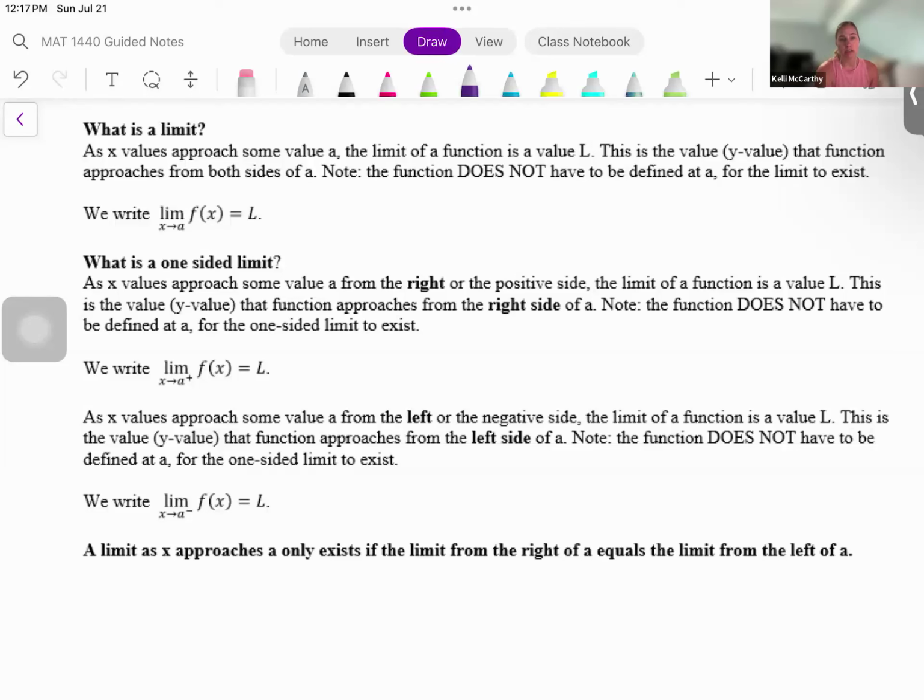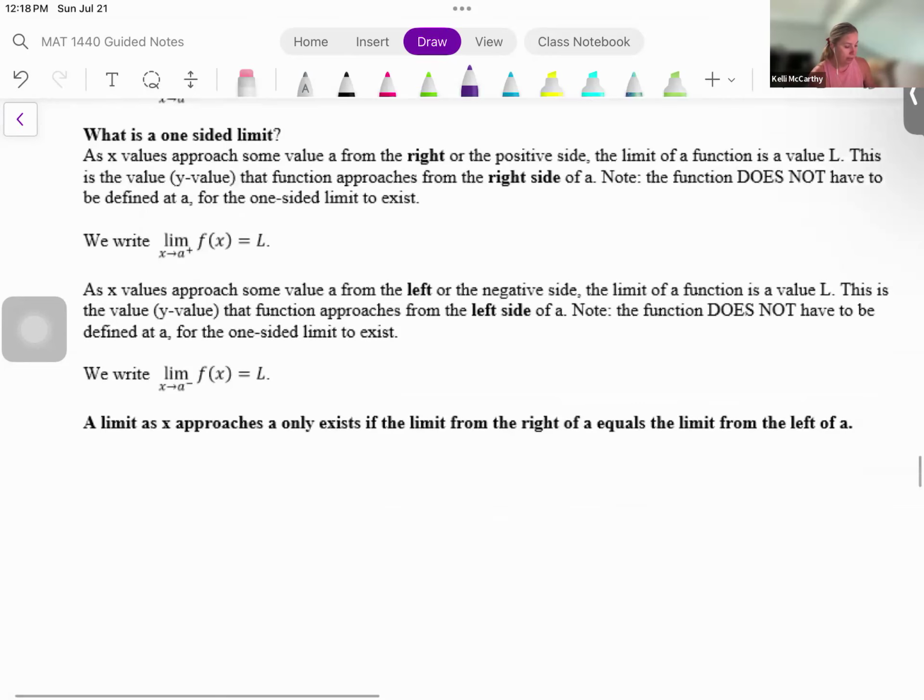So if we're approaching some value a from the right or the positive side, the limit of a function is L. This is the y value that the function approaches from the right side. Again, the function doesn't have to be defined at x equals a for that one-sided limit to exist. In terms of our notation, we denote that we're looking at a right-sided limit by adding a plus sign in that x approaches a plus notation.